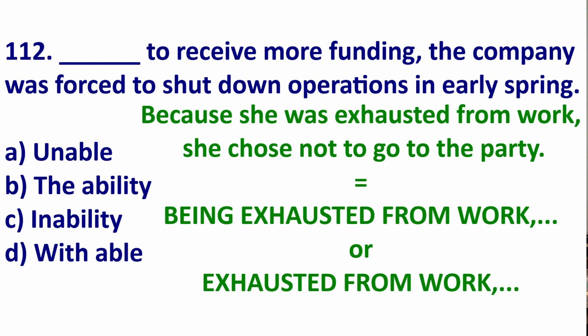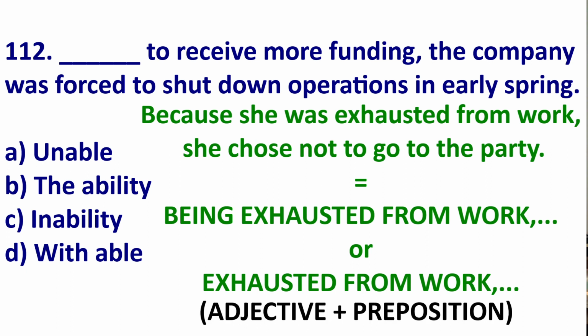So you can say being exhausted from work. But if you have being plus adjective plus preposition, so exhausted is an adjective, from is a preposition, you can also take out the being, and you can just say exhausted from work, she chose not to go to the party.